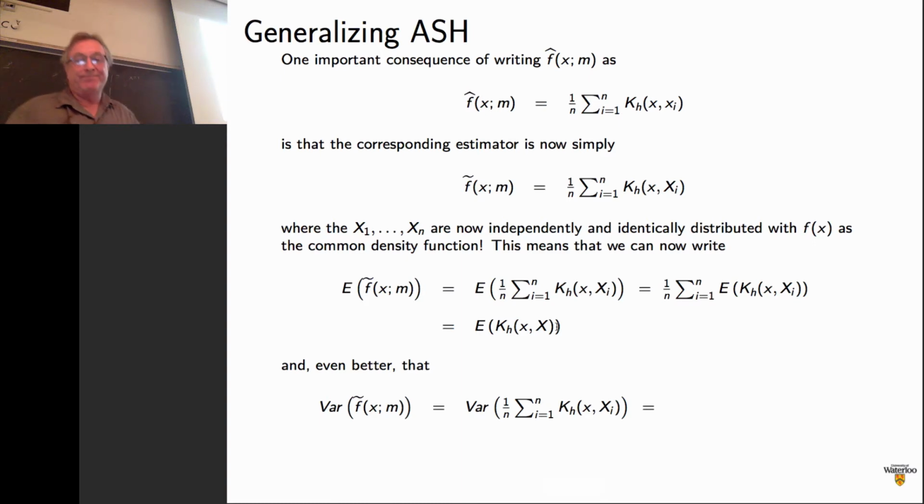And even better, I can use the variance formula. I know the variance of an average. I'm going to have 1 over n squared times the variance of that sum. The variance of a sum is the sum of the variances plus the sum of twice the covariances, etc. But what happens to the covariances here?